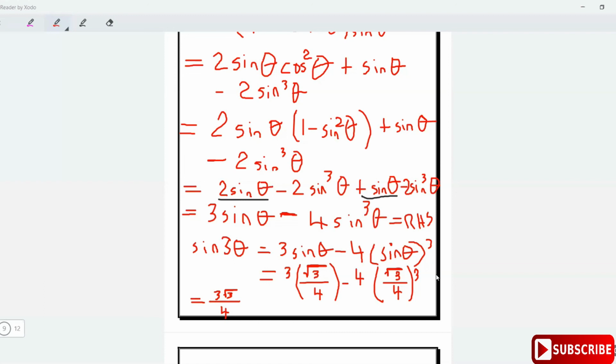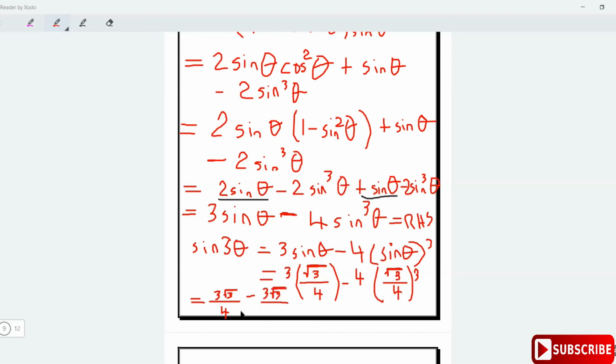Root 3 cube, I know that is root 3 squared times root 3, which is another 3 root 3. Now I multiply 3 root 3 times 4, that is minus. And a 4 will cancel out. 4 cube is 64. I can write that as 4 squared times 4, and a 4 cancels a 4, so over 16. So I get minus 3 root 3 over 16.